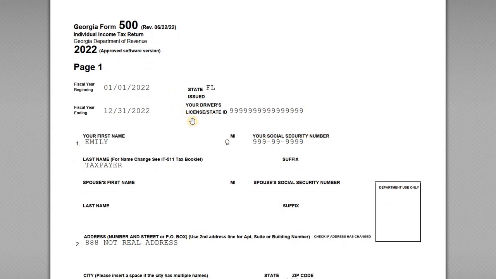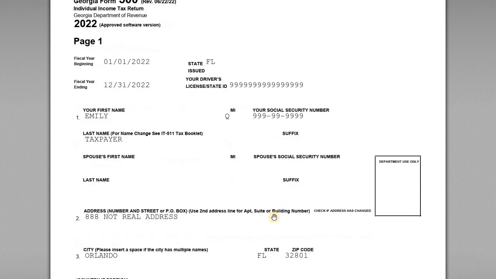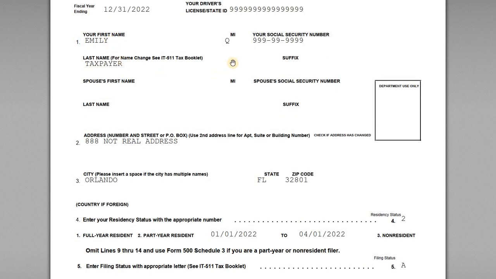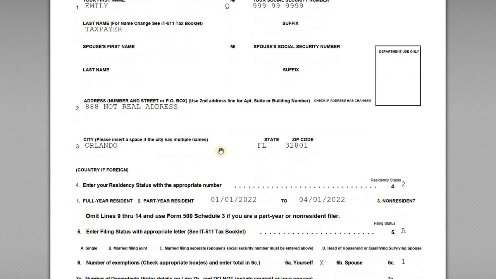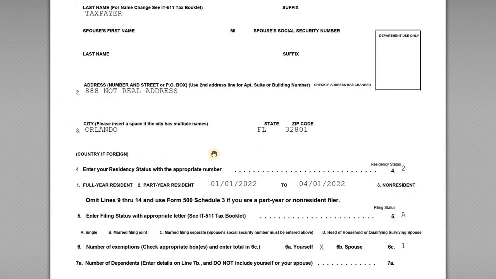Georgia does ask for identification, right, on generally your driver's license. So Emily here has a Florida issued driver's license. Put down the driver's license ID, first name, last name, social security number, and then a contact address for Emily in Florida, right? So her new address.